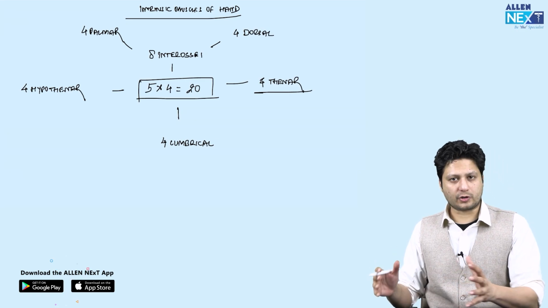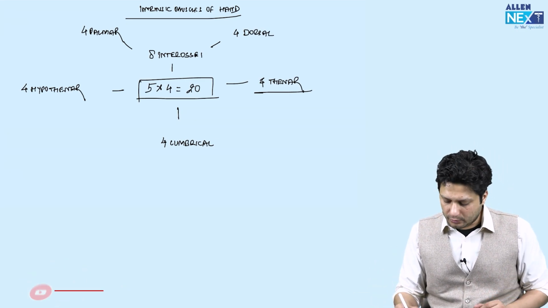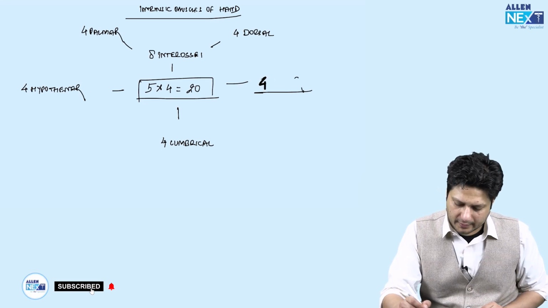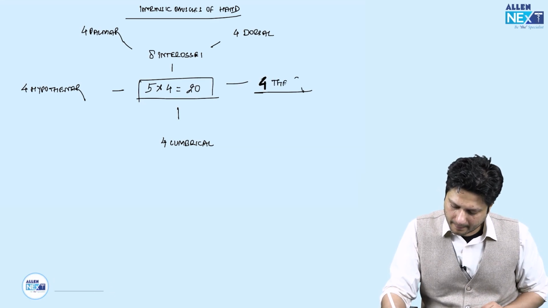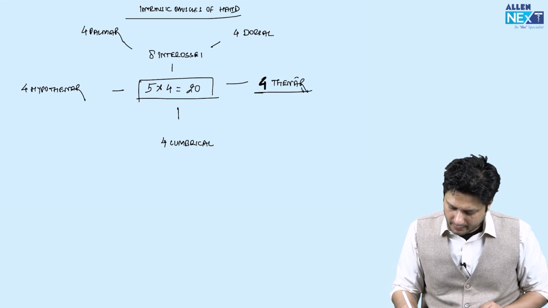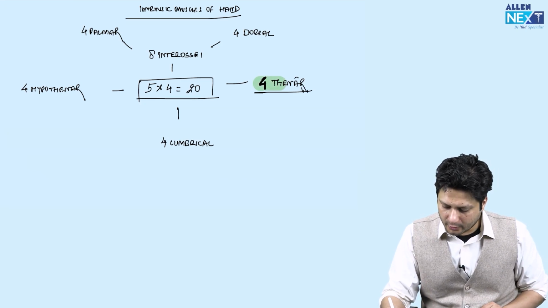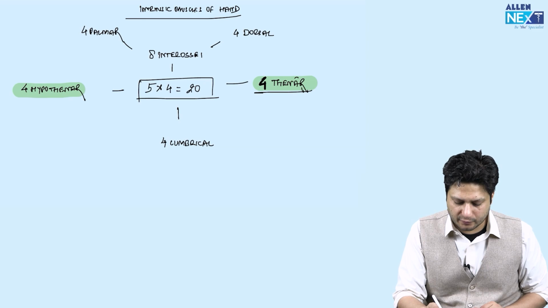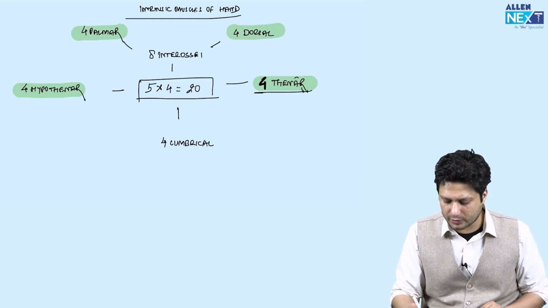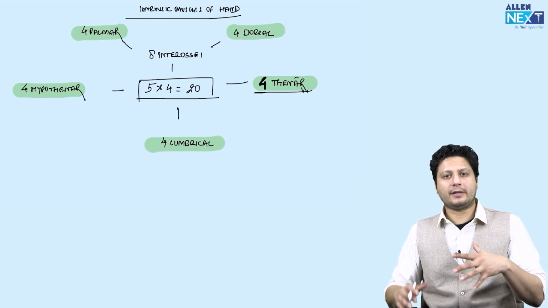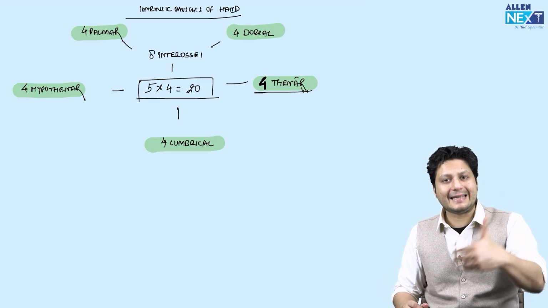So the groups are the thenar group, the hypothenar group, 4 palmar interossei, 4 dorsal interossei and 4 lumbricals. So as you can see, there are 5 groups and 4 muscles in each group.